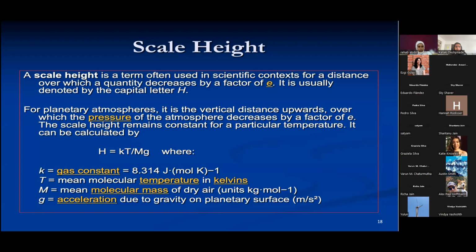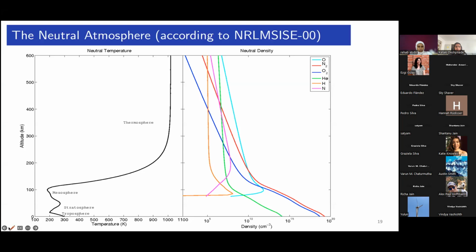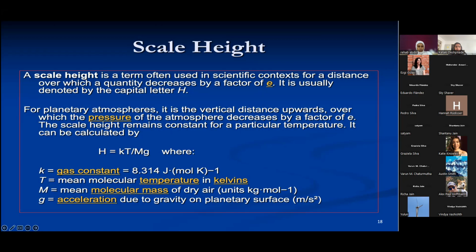So scale height is a very, very important term for what's going on in the atmosphere. A scale height describes how a quantity, in this case the composition of the atmosphere, changes by a factor of e, and it's usually denoted by the capital letter H. For planetary atmospheres, it's the vertical distance upwards over which the pressure of the atmosphere decreases by a factor of e.